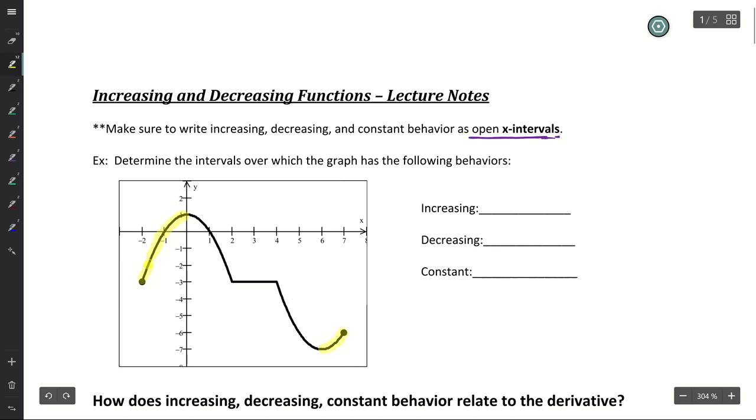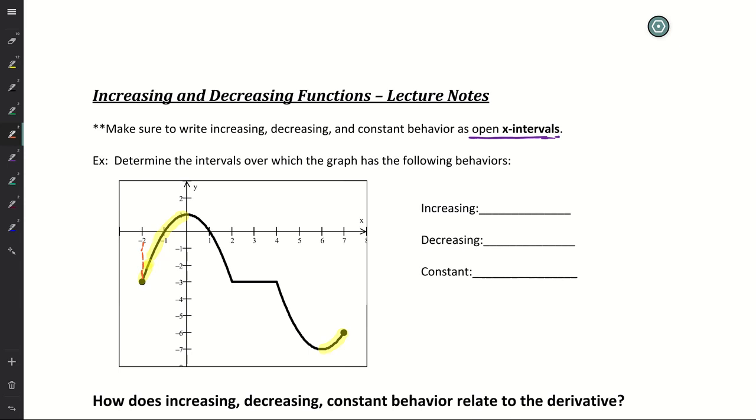And so on here, I want to determine the x intervals for which I have this increasing behavior. So what I'll do is I'll start to the far left, it looks like I'm increasing there, and I'll go up to determine the x value where the function starts to increase. Now, we do open intervals only because we don't actually increase or decrease at a single point.